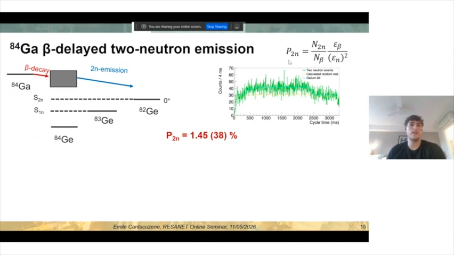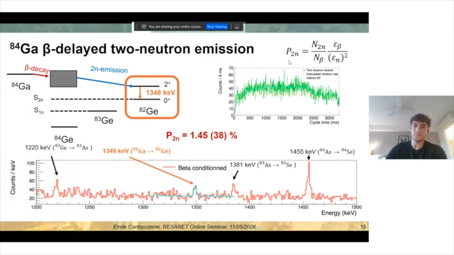But what we wanted to look at is the non-statistical effects. And so we looked at the gamma rays that arrived in coincidence with these two neutron events. And this is the gamma ray spectra, and we observed a peak at this energy there, which corresponds exactly to the transition of the 2+ to the 0+.